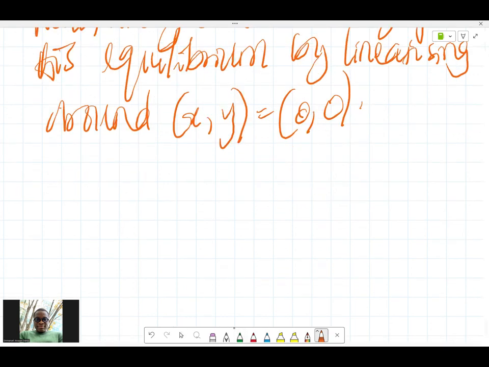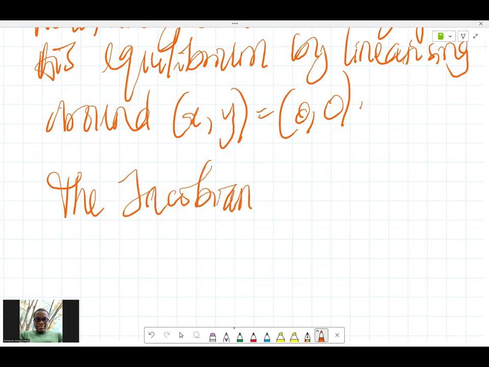In that case, we need the Jacobian matrix J of the system.